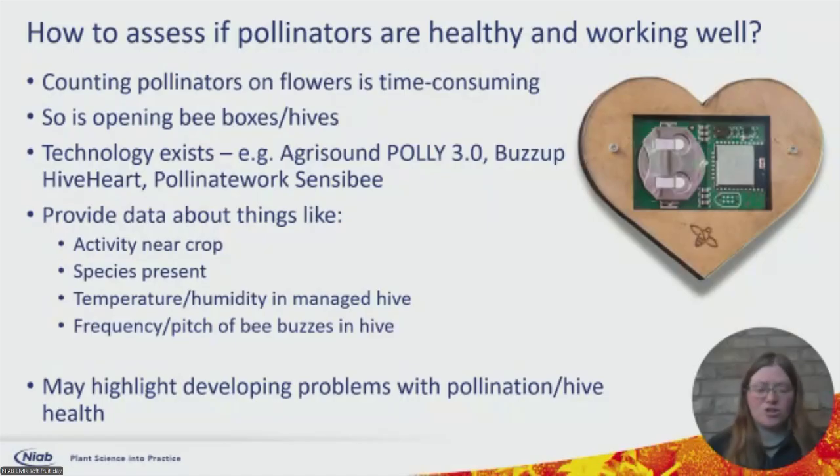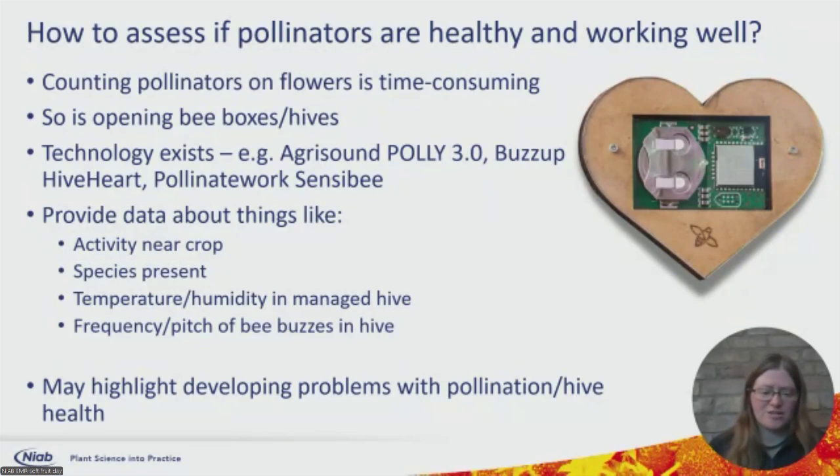There's a lot of technology coming through that provides round-the-clock real-time data, often streamed to an app on your phone, giving you information about things like activity on the crop, sometimes even the species of pollinator on the crop, and things like the temperature and humidity in the hive, and even the frequency of the bee buzzes in the hive.